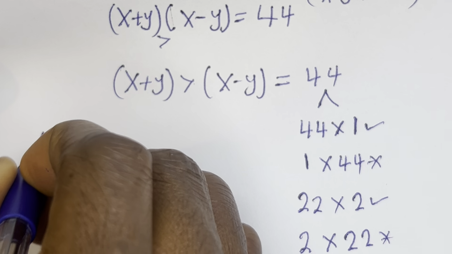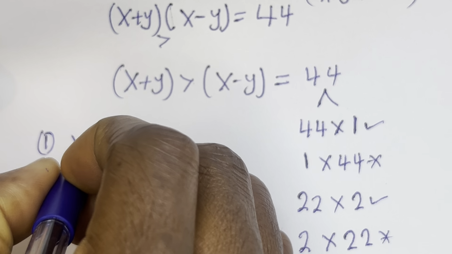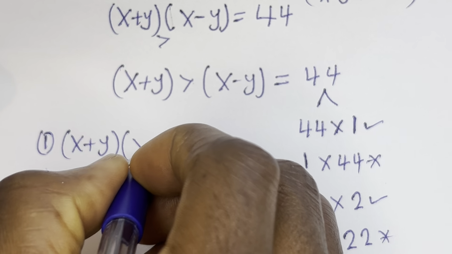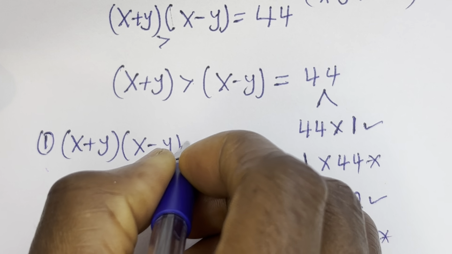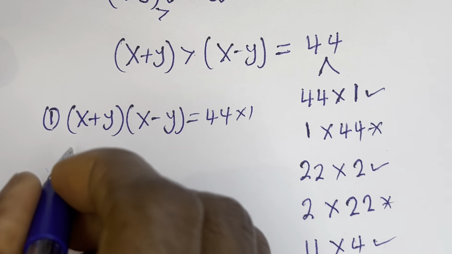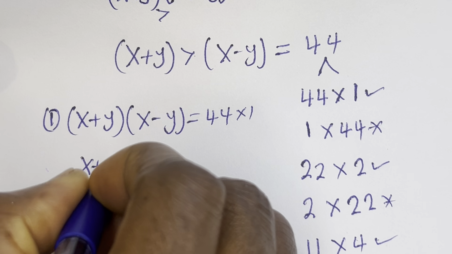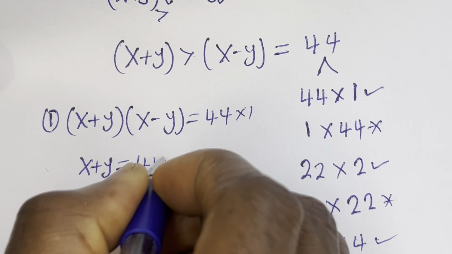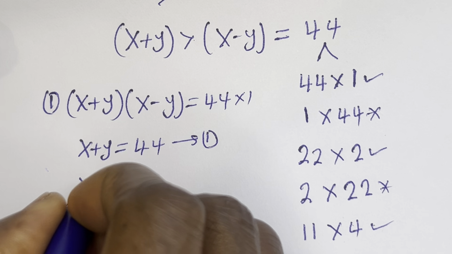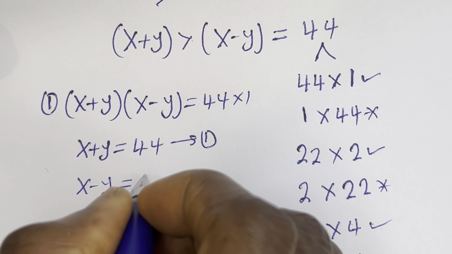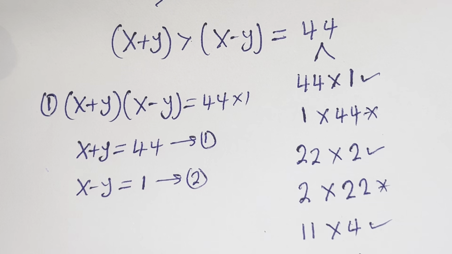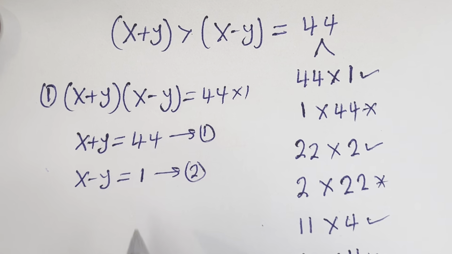The first case, we have (x plus y)(x minus y) is equal to 44 multiplied by 1, then x plus y is equal to 44. This is equation 1. Now x minus y is equal to 1. This is equation 2. Now these are simultaneous equations.